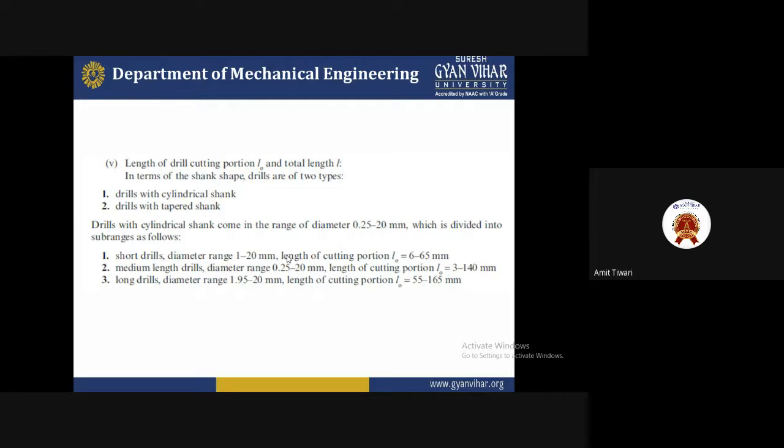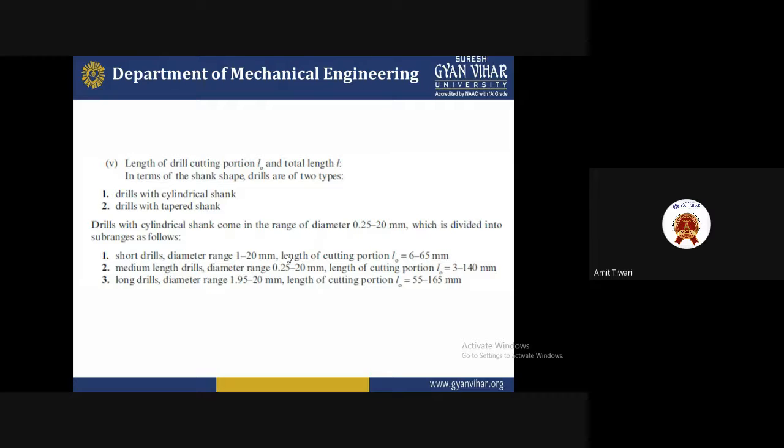For the medium length drill, the diameter range is 0.25 to 20 mm, and the cutting portion L0 is 3 to 140 mm. And the third one is the long drill, with a diameter range of 1.95 to 20 mm, and the length of the cutting portion L0 is 55 to 165 mm.